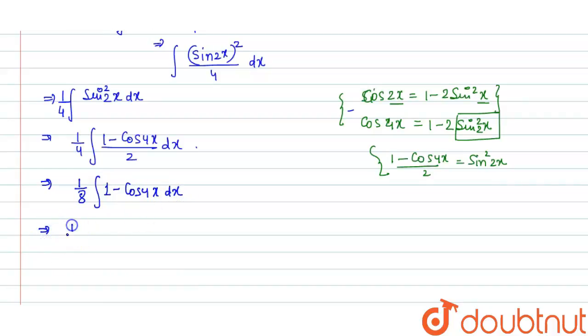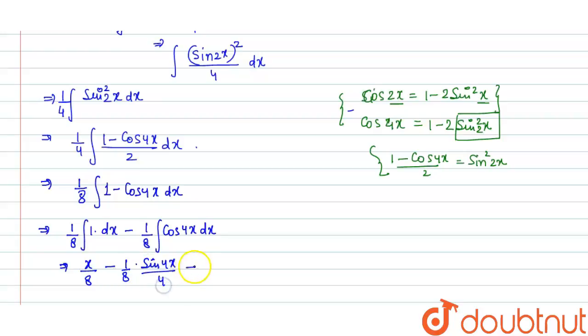So 1 by 8 integration of 1 dx minus 1 by 8 integration of cos 4x dx. So this will become x upon 8 minus integration of cos 4x is sin 4x upon 4 plus constant.